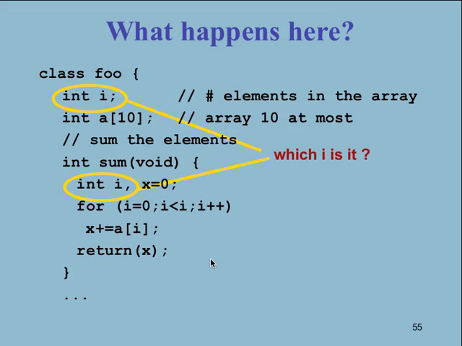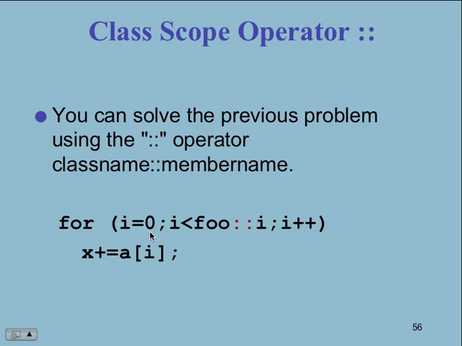So what happens here? We have the scope to consider. In terms of the class, we have an integer i, and then we have another function inside, and then we're going to print something out. Well, they're both going to be different, because they're in two different scopes, essentially. And the concept of scope is resolved in C++ with the scope resolution operator.